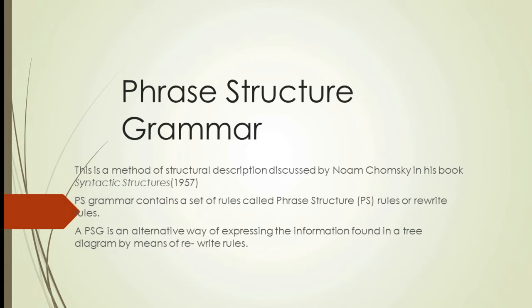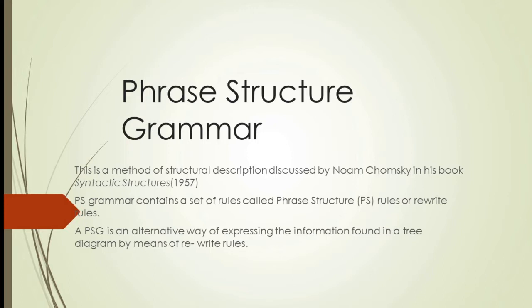This is a method of structural description which was discussed by Noam Chomsky in his book Syntactic Structures, written in the year 1957. Now, an important aspect of PS grammar is that it consists of a set of rules called phrase structure rules or rewrite rules.